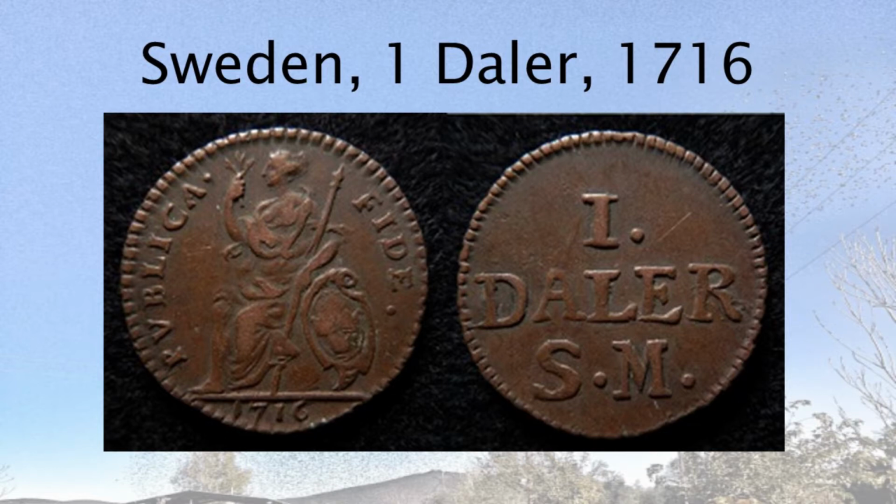A $1 coin from Sweden dated to 1716 shows Mother Svea, the personification of the nation, on the reverse here in glorious classical style. So again, tied back to long-standing traditions.